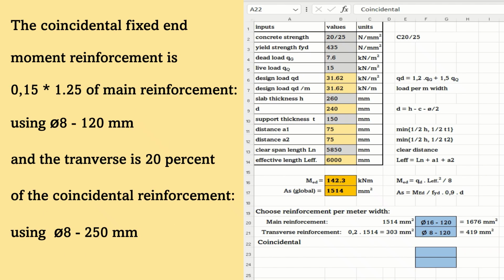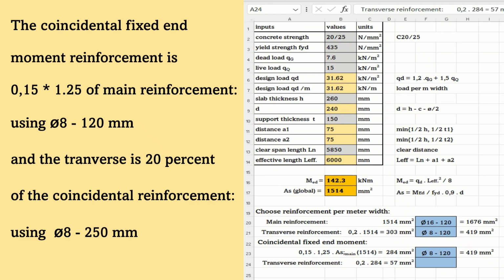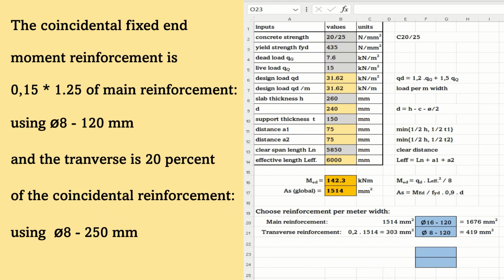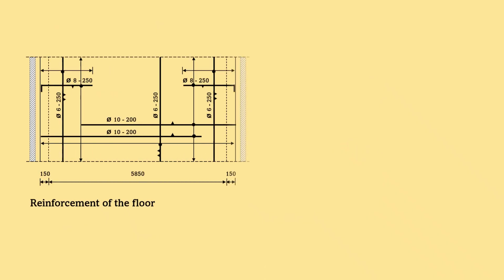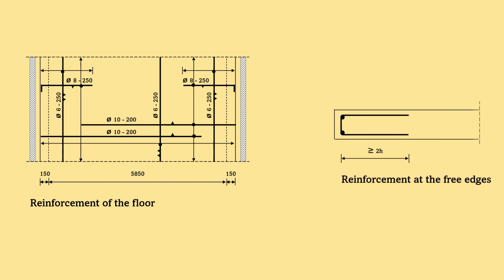For coincidental end moment, reinforcement is 0.15 times 1.25 of the main reinforcement, using phi 8 per 120 mm, and for transverse reinforcement using phi 8 per 250 mm. Here is the general reinforcement drawing of the floor, and next to it, the details of the end moment reinforcement.